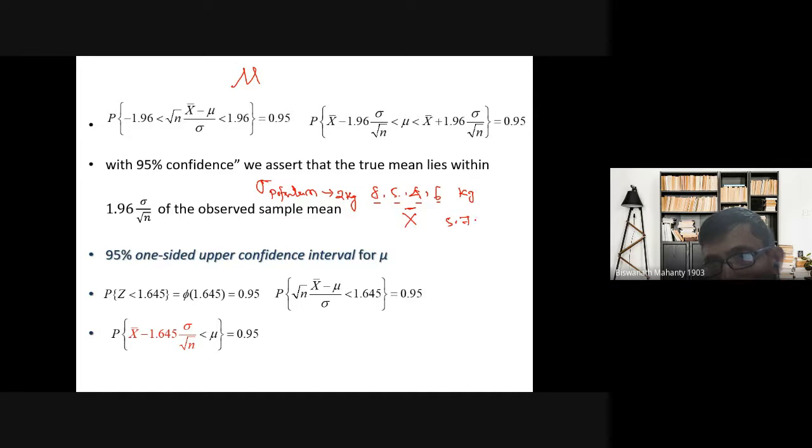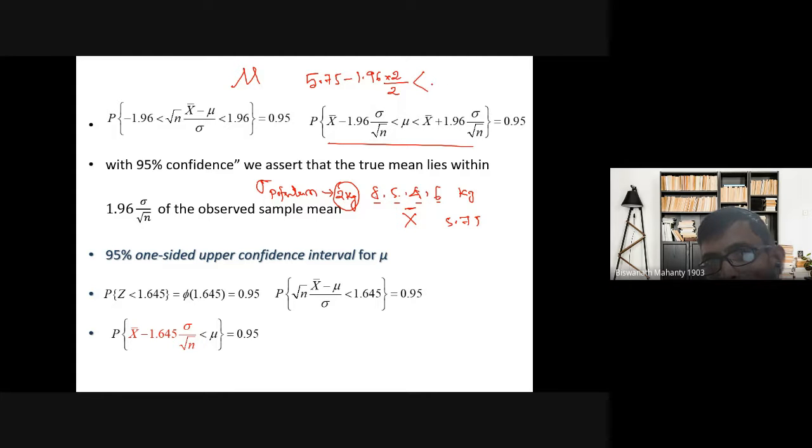Yes or no? So I can say, you just write this: 5.75 minus 1.96 sigma, 2 kilo, into 2 by root n. How many samples do I have? 1, 2, 3, 4. Root n means root of 4.